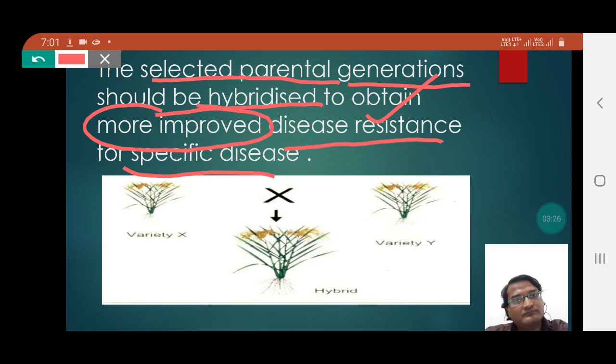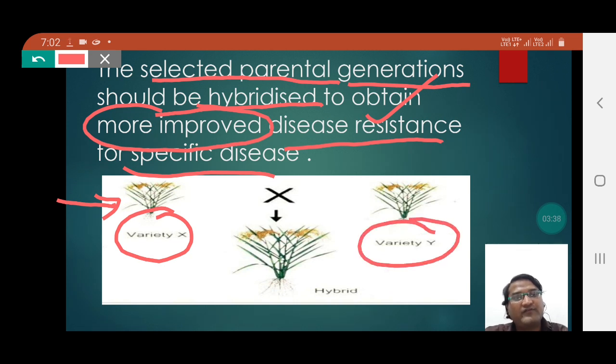So it's the same concept being explained in this picture, where there are two different varieties you can see, variety X and variety Y, with two different disease resistant capabilities, and further is being crossed so that a new variety of the plant is being produced, which is the hybrid variety of the plant.